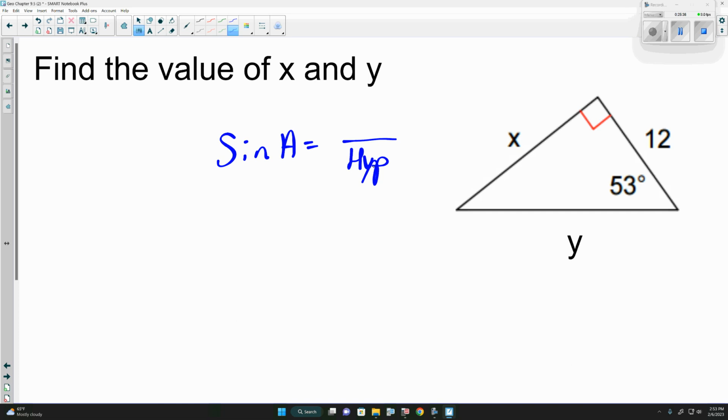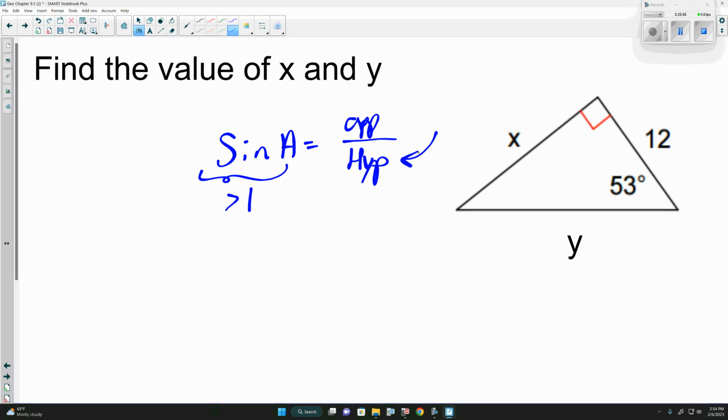So for what we're doing here, can sine of A ever give us a value greater than 1? Because opposite side over the hypotenuse, the hypotenuse is always the biggest side.